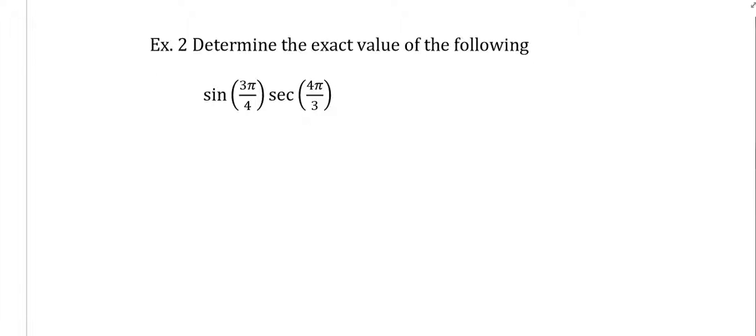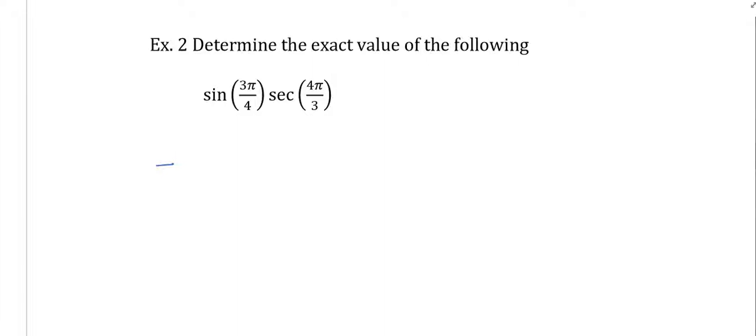3 pi by 4 is in which, I'm doing the first part here, sine of 3 pi by 4. 3 pi by 4 is in which quadrant? Same, yeah. Second quadrant, how'd you get that? Yeah, swing up to 4, then you got to go back just a little bit. And so that's where sine is positive.